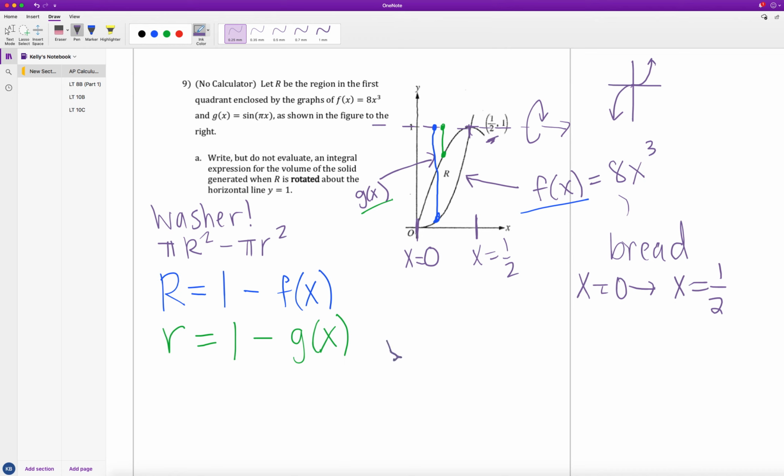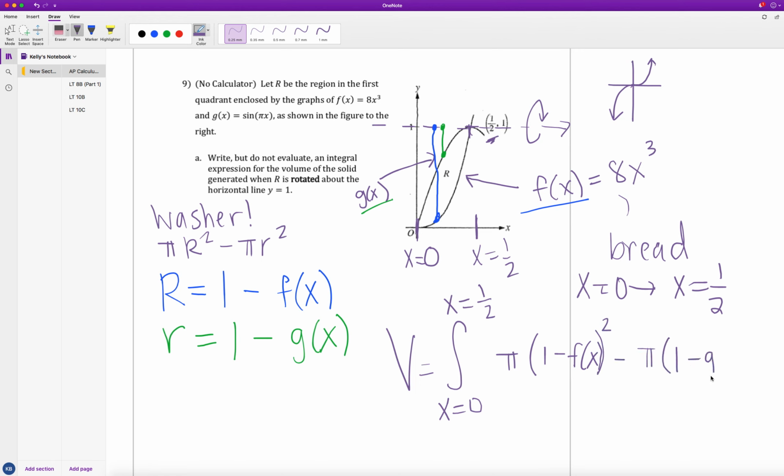So the volume of this guy, having lots of difficulties with the stylus tonight, will be the integral as x goes from 0 to 1/2, since I was stacking up along the x-axis like a loaf of bread, of pi times my big radius, which will be (1 minus f of x) squared, minus pi times my little radius, which is (1 minus g of x) squared, and I am with respect to x this time.